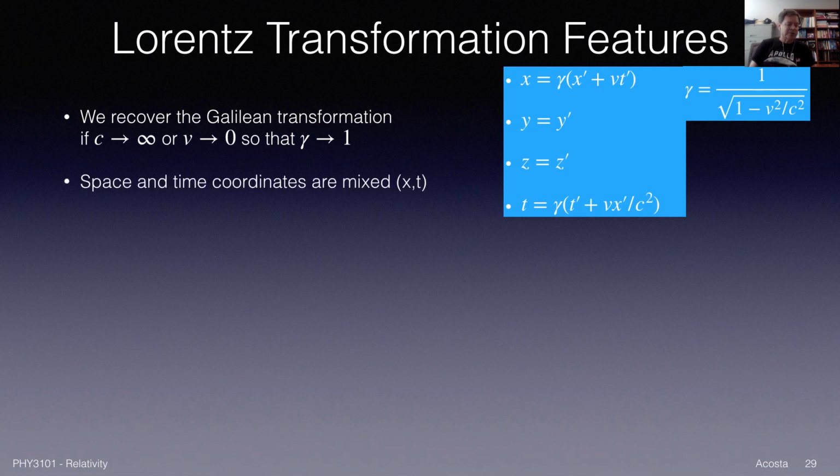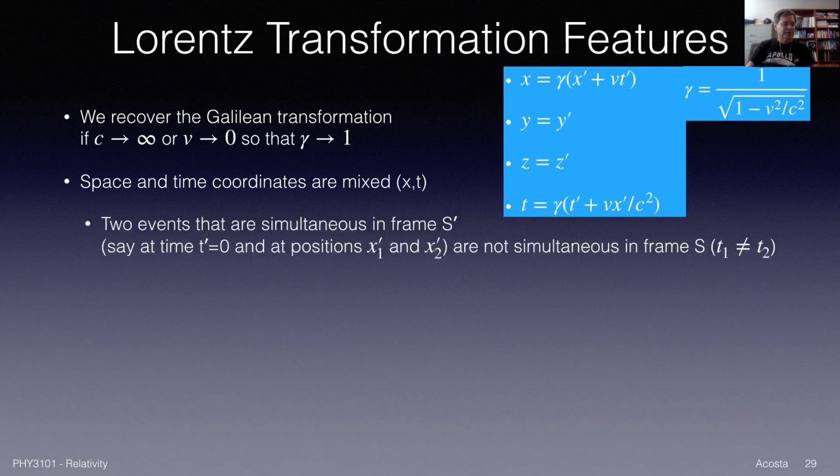Also, as I mentioned a moment ago, the space and time coordinates are mixed. Here I have time coming into the spatial component x, and here I have the spatial component x prime going into the calculation of the time. And what that means is that two events that are simultaneous in one frame s prime, say at time t prime equals 0 and at positions x1 prime and x2 prime, are not going to be simultaneous in another frame s, because t1 and t2 will not be the same times.